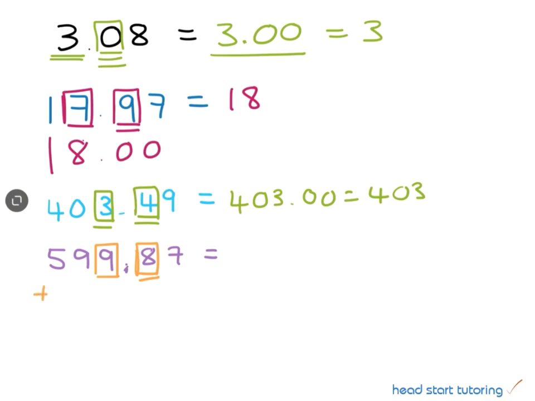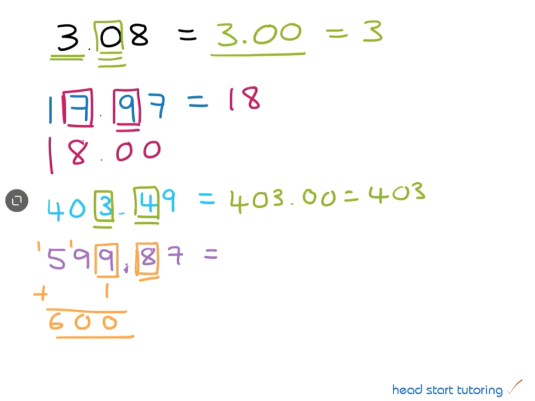So we plus 1, and that means we are going to end up with a 10 there, carry our 1 over, and we end up with 600. And we can just think about it logically by saying that 599.87 falls in between the units 599 and 600.